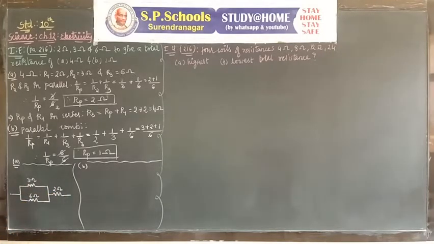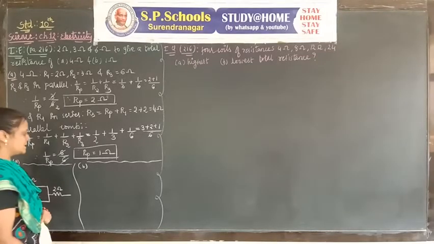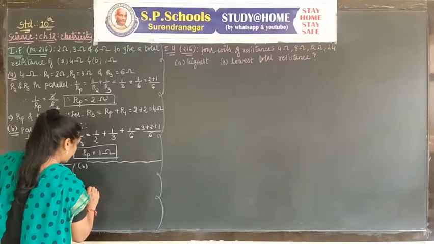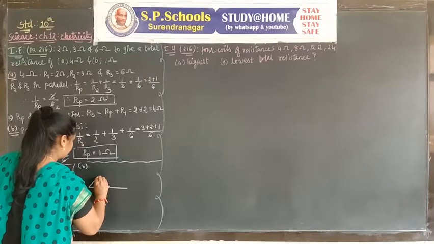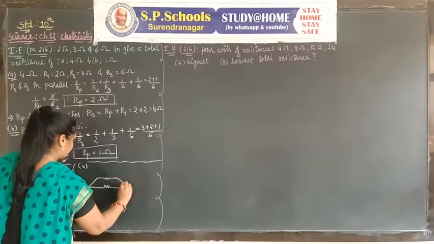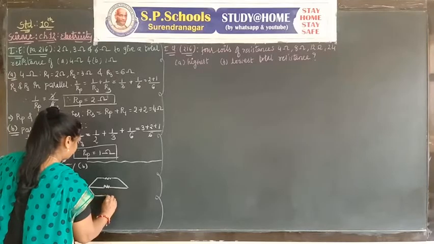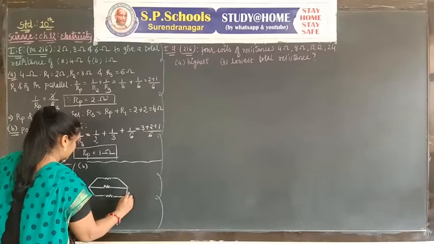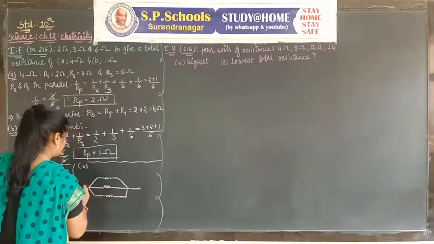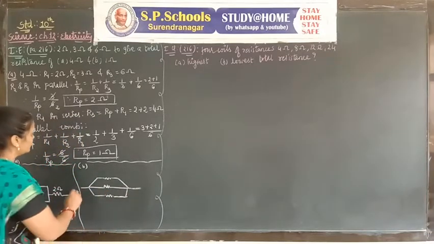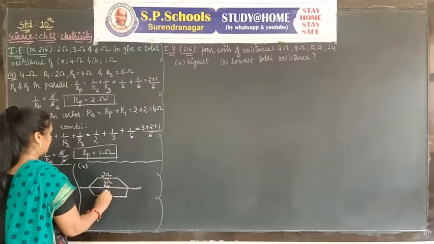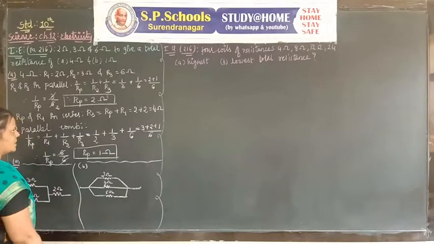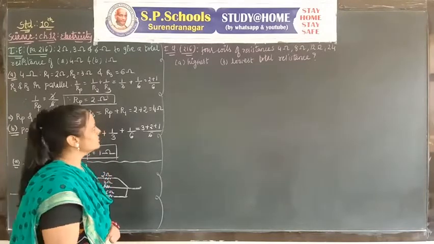In the second case, all are connected in parallel. Here are the two ends: 2, 3, 6.